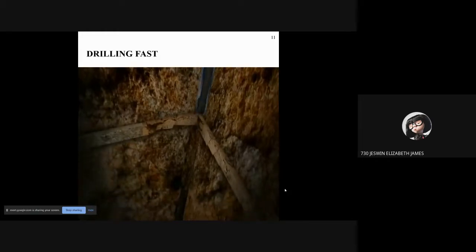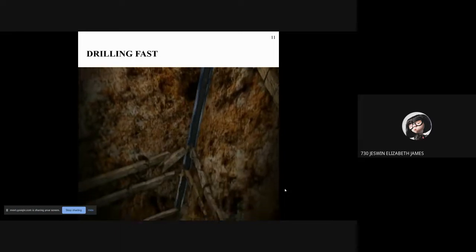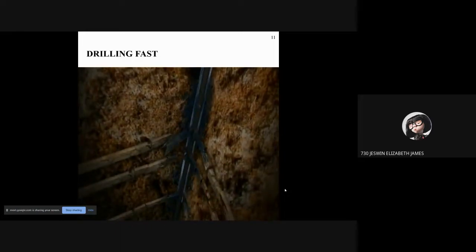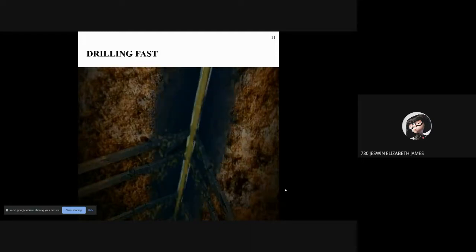When it is drilled very fast, it can cause minute fractures. You can see in the animation that it has caused minute fractures, and the drilling mud is now escaping through these fractures. This caused the drilling mud to escape, and thus the pressurized gas started to rise up through these fractures. It was slowly becoming an explosive hazard.